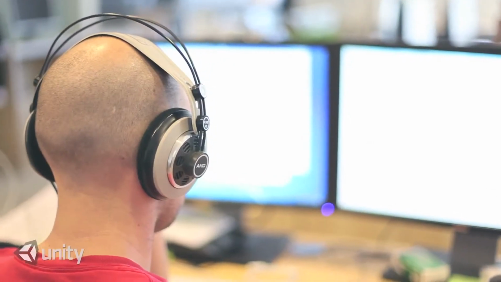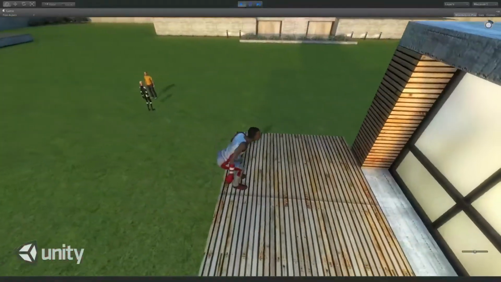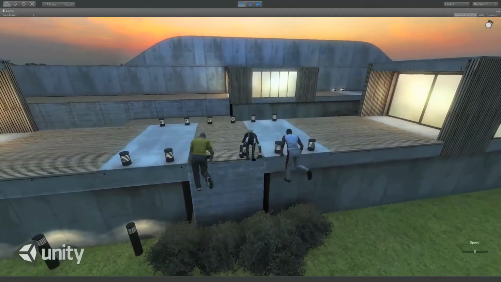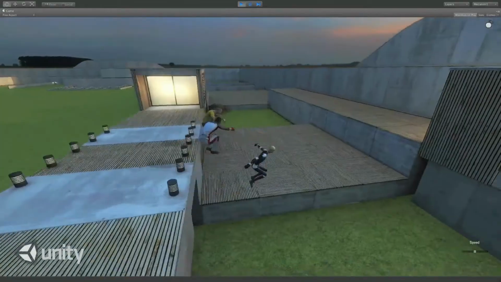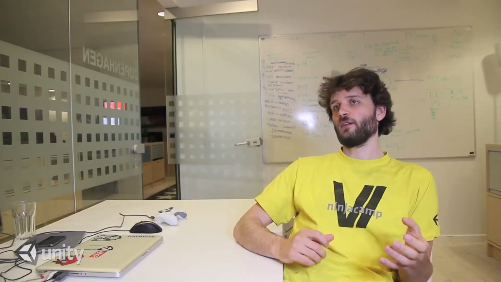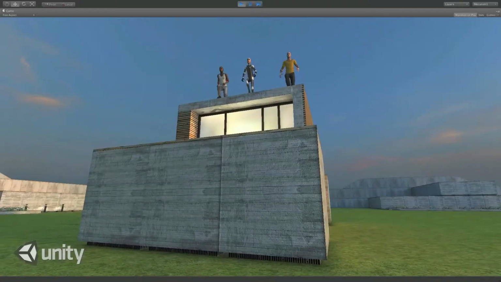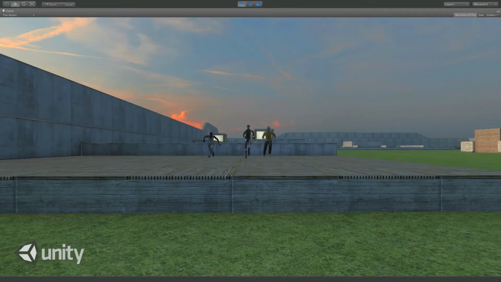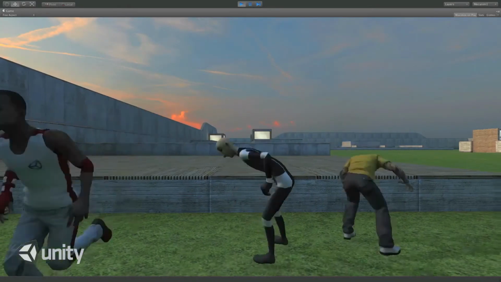So it's a feature that really scales from small developers all the way to AAA developers who have their own mocap studio and who are gonna make all those big animations and just want a faster way of importing and working with animation data. It's extremely fast. We have an IK system, we have runtime retargeting, and you can have a ton of characters on screen with the system, more than you can have in any other character animation system on the planet.